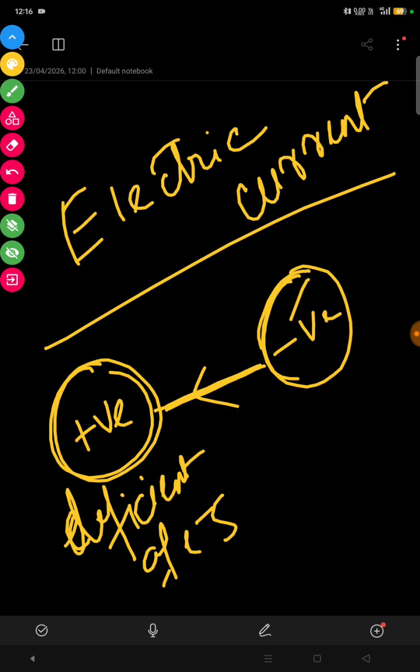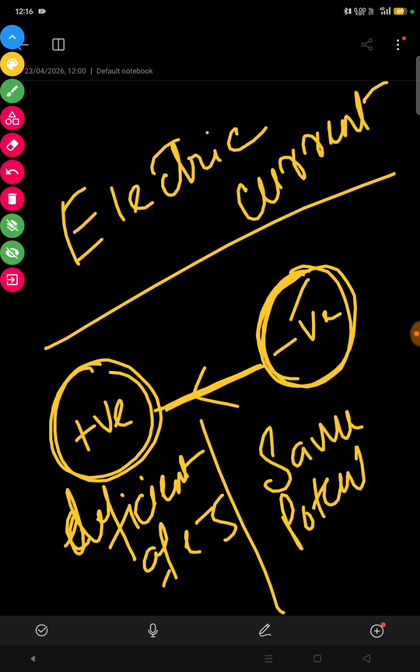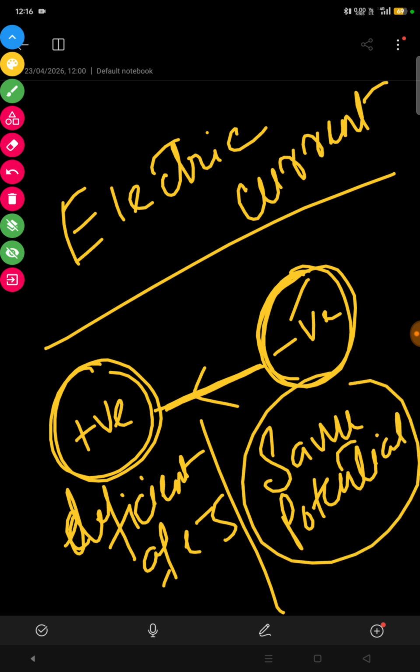So electric charge will flow from the body at higher potential to the body at lower potential, and till what point? Till they both acquire the same potential. This flow of charge in the metal wire constitutes electric current.